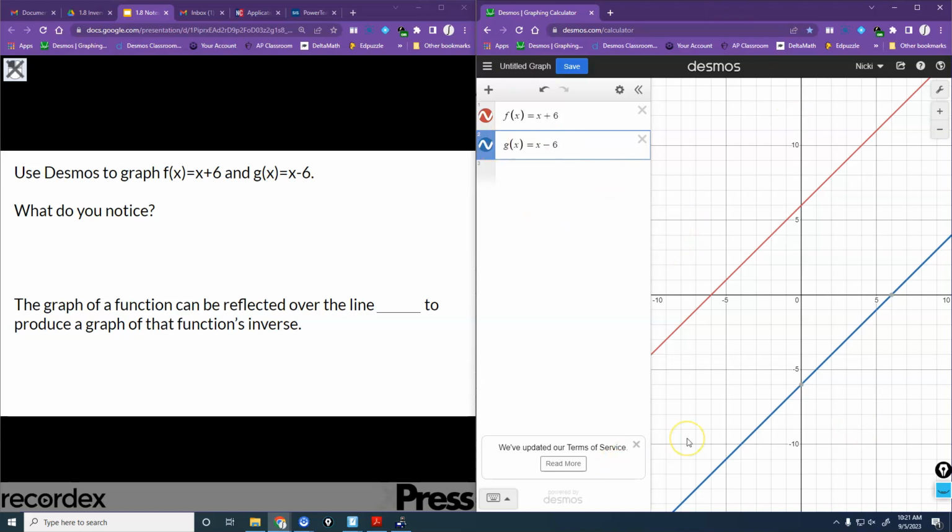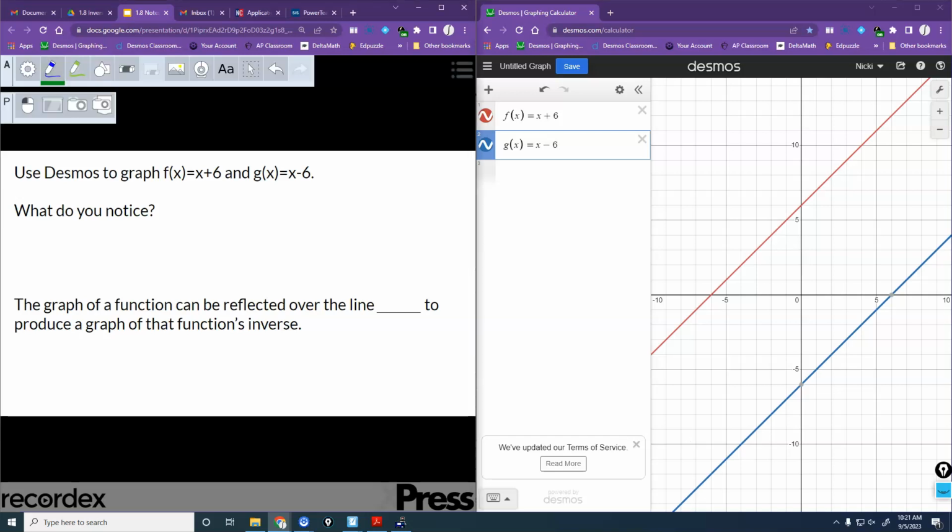What things do you notice about this? My lines are parallel. Anything else? What about my x-intercepts?